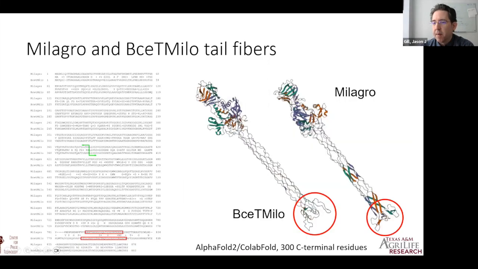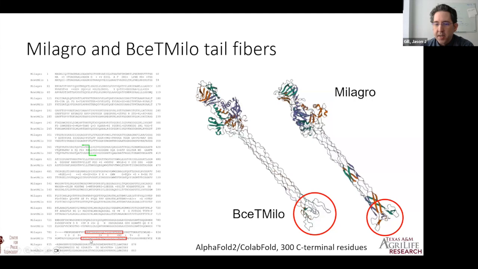This is what the two tail fibers look like, well, this is what AlphaFold thinks they look like. This is just the 300 C-terminal residues, and this is an alignment here on the left of the two proteins. You can see they're really similar to each other. So we picked a region where there was a lot of sequence identity as our fusion junction. Upstream will be the original Milagro tail fiber, and downstream will be the Milo tail fiber.